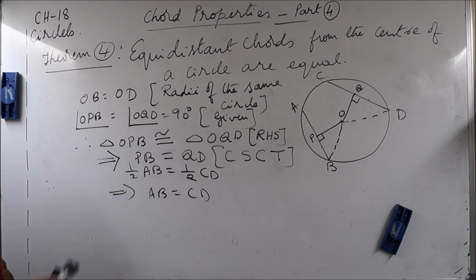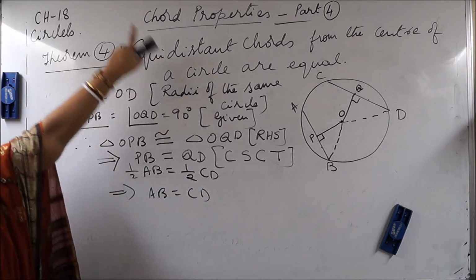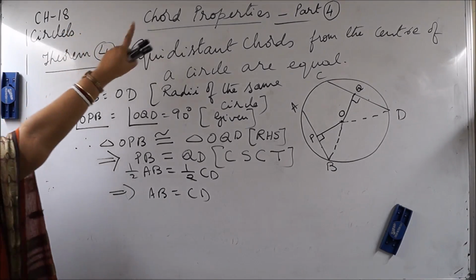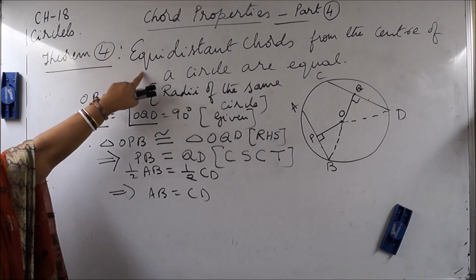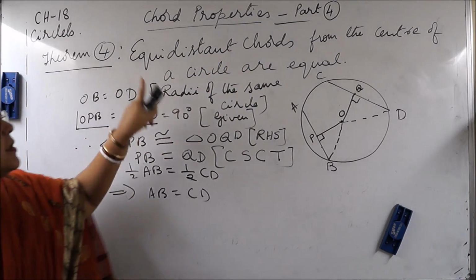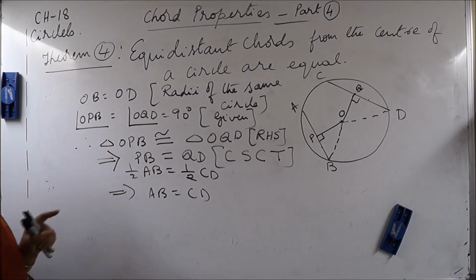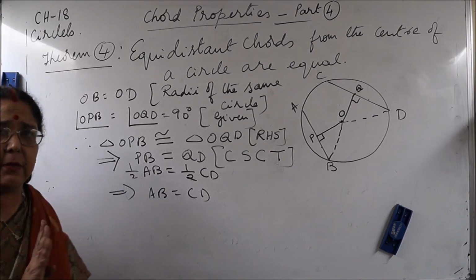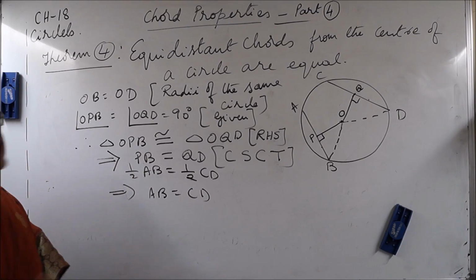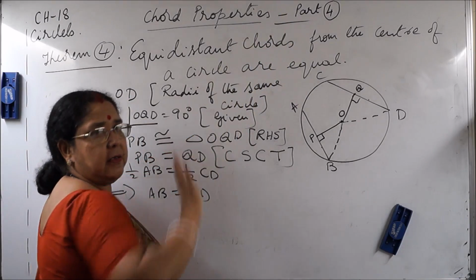According to this theorem, which is a converse of a theorem that we learnt in part 3, equidistant chords from the center of a circle are equal. Now let us revise once again all the four theorems that we have learned under chord properties, part 1 to part 4.